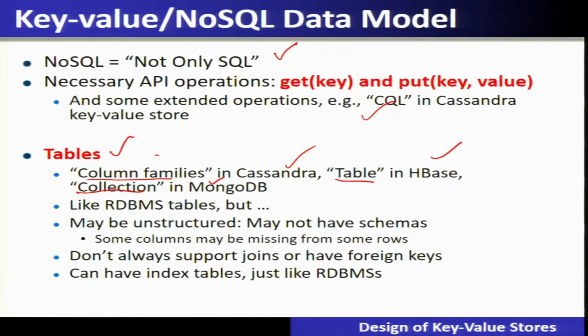Again, I am repeating: column families are nothing but a table in Cassandra, a table in HBase, and a collection as a table in MongoDB. All these are some form of a table, but with a different name in these kinds of NoSQL databases. RDBMS has a table, but here these tables are for unstructured data.